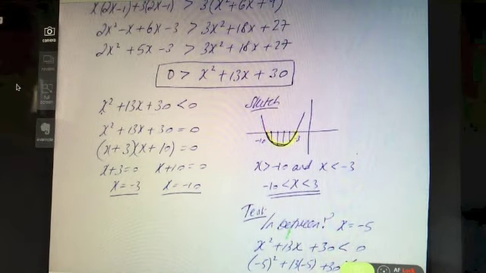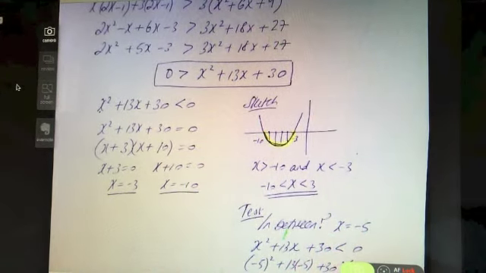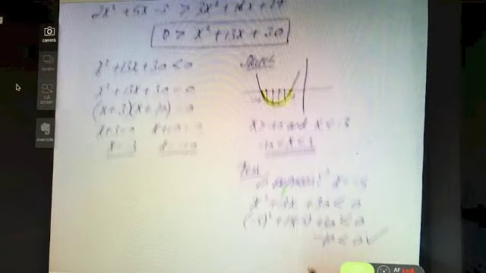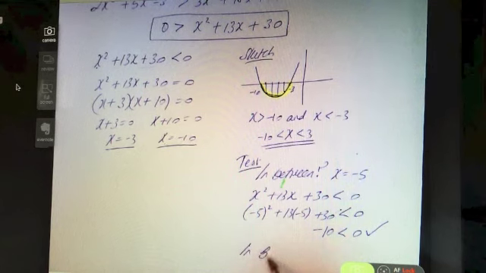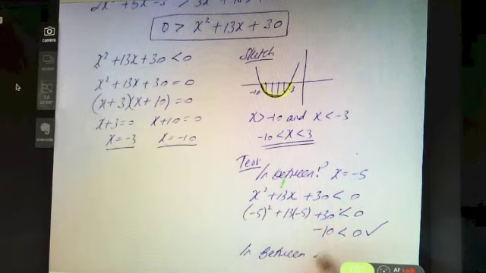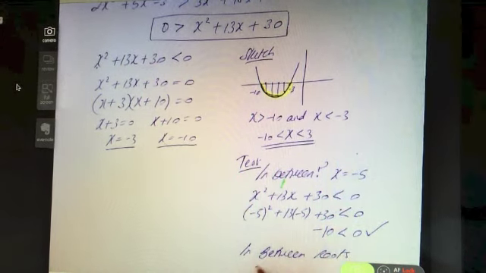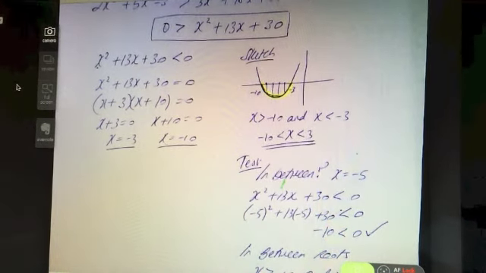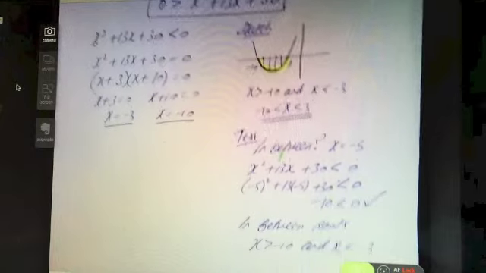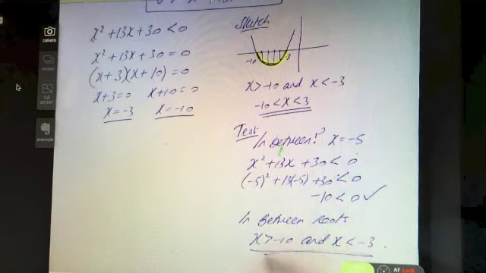Is that less than 0? And it is −10, which is of course less than 0, which means yes, it is in between the roots. That means x is greater than −10 and less than −3, just as above.